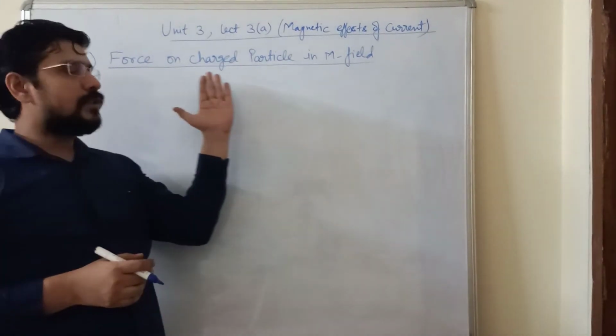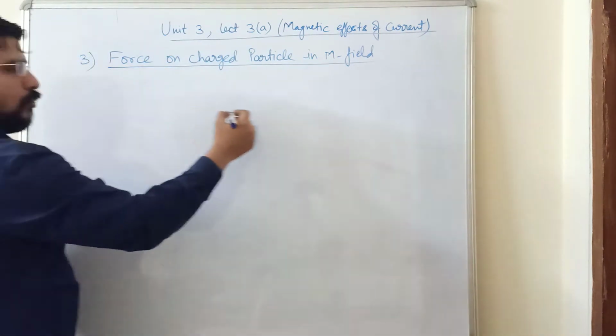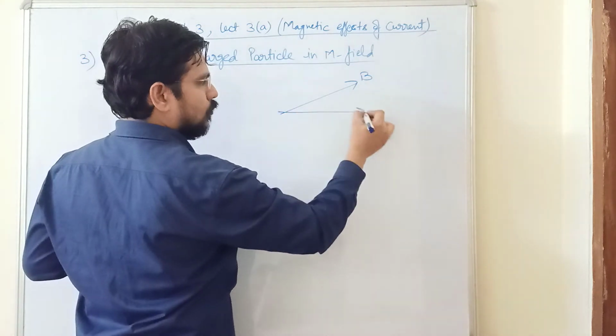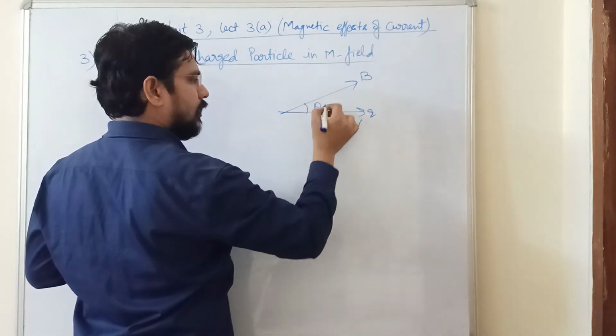So the third topic is force on a charged particle in a magnetic field. Consider this is your magnetic field which is represented by B, and this is your charged particle Q which is moving with velocity V, and they are having angle theta.